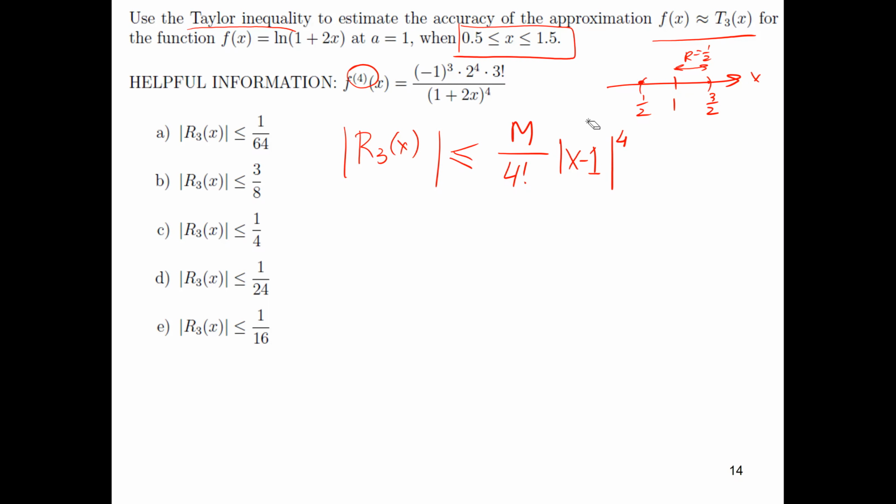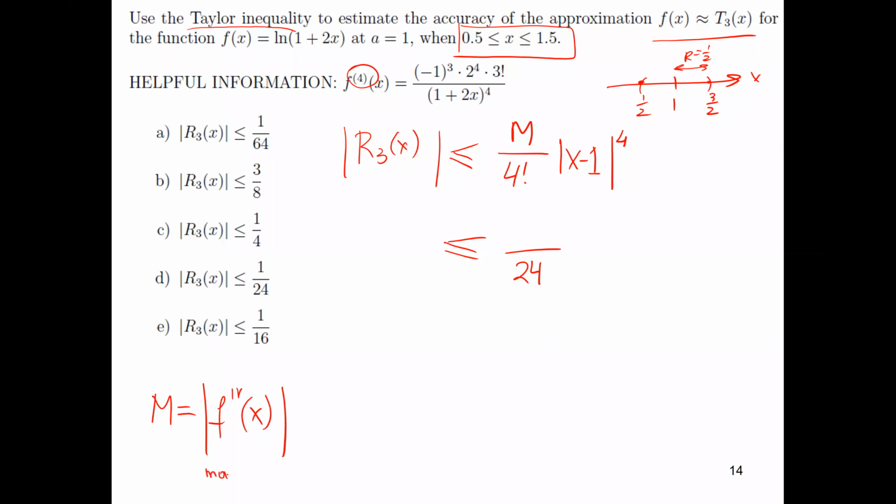Okay, and we have to compute this number. This is 24, but let's maybe compute M. M, as I said, is the maximum value of the fourth derivative on the given interval. Okay, negative 1 to the power of 3. I'm just copying the fourth derivative, which actually I can write this. Fourth derivative, okay, and always maximum value, which means just here, the absolute value.